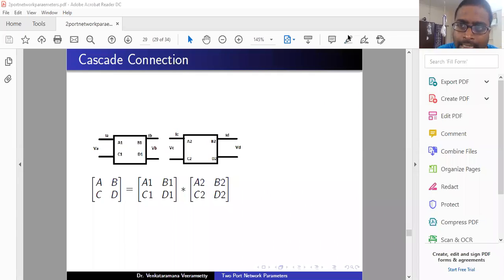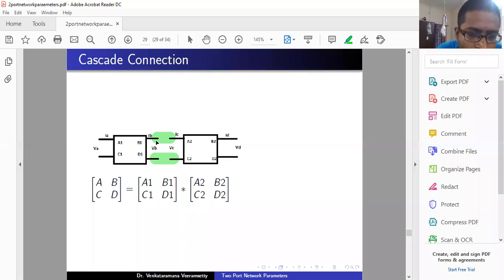Means it will be like this. This is the output port. The output port is connected to the input port of the other two-port network. So this connection is called cascade connection.